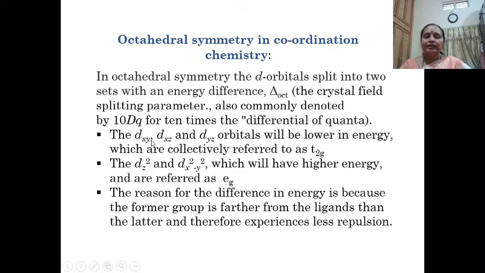One of the sets is going to be dxy, dxz, dyz. These 3 orbitals will be lower in energy, and they are collectively referred to as T2g. So the 3 d orbitals which split and have a lower energy are called T2g, and this happens in octahedral symmetry.